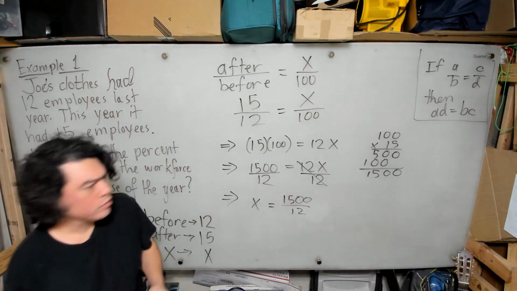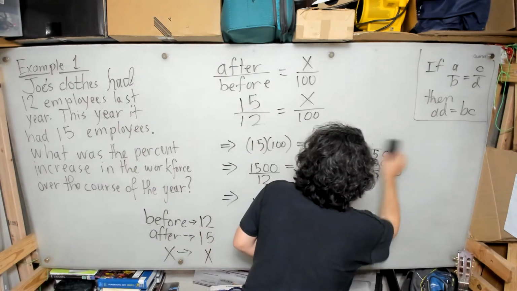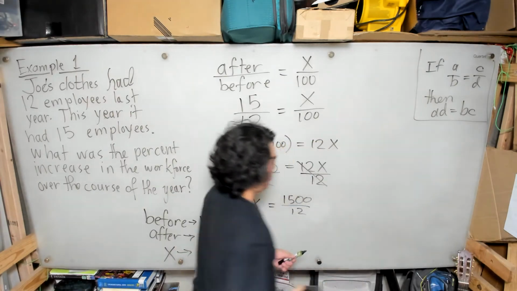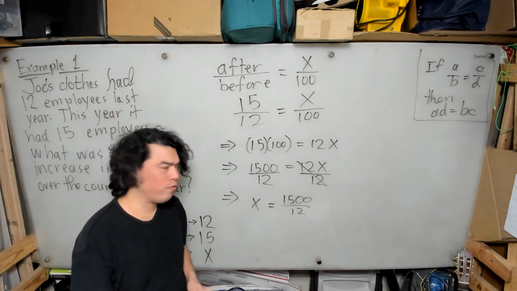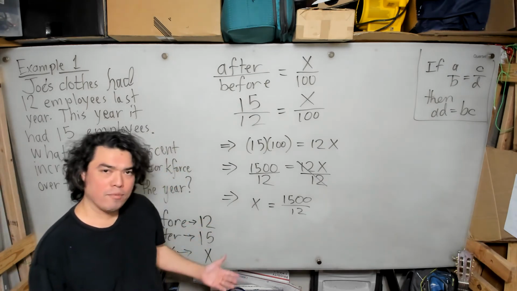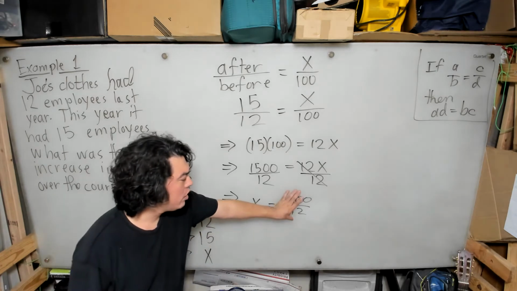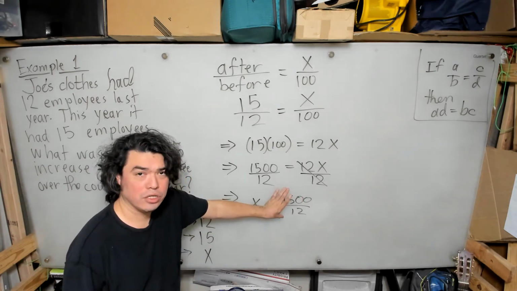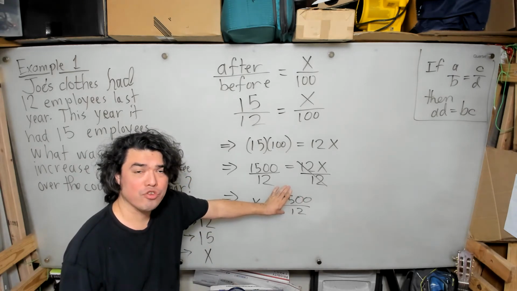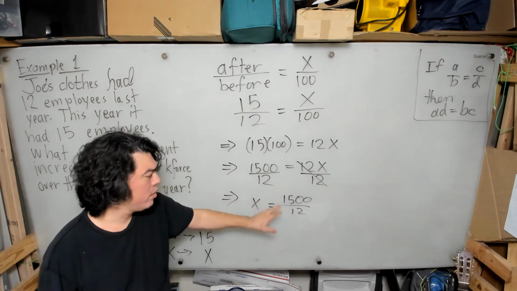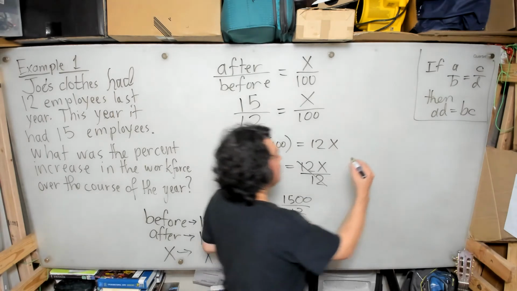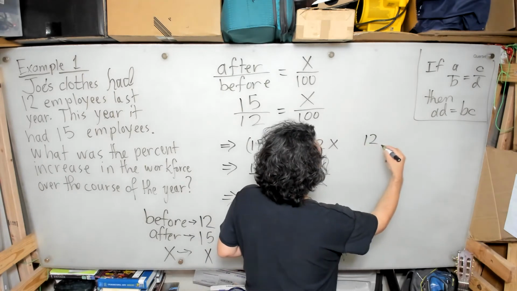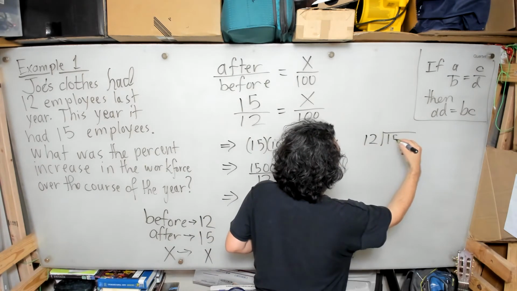First, I'm going to write down a multiplication table for 12, and then I'm going to carry out the division. But even before that, I'm going to remind you how we interpret this as a division problem. 1500 divided by 12 can be seen as the division problem 12 goes into 1500.